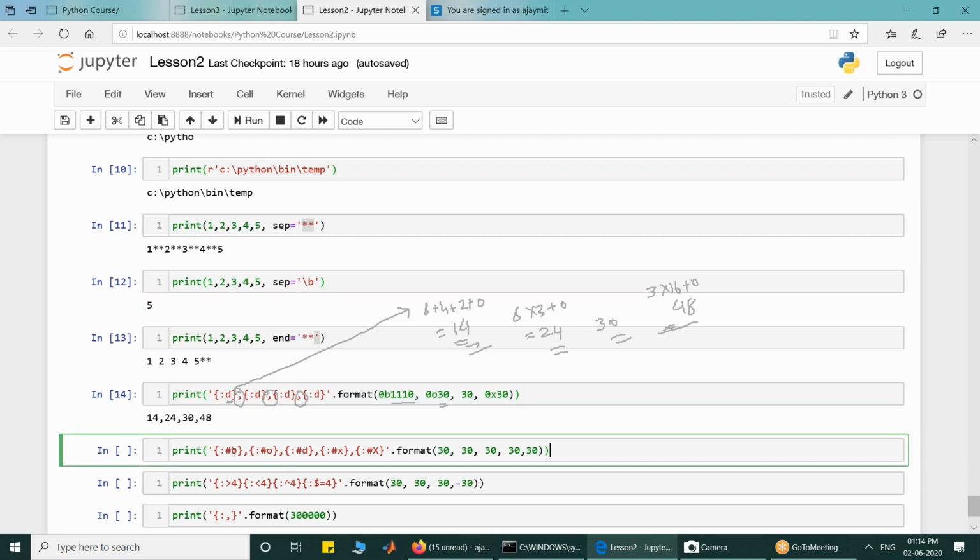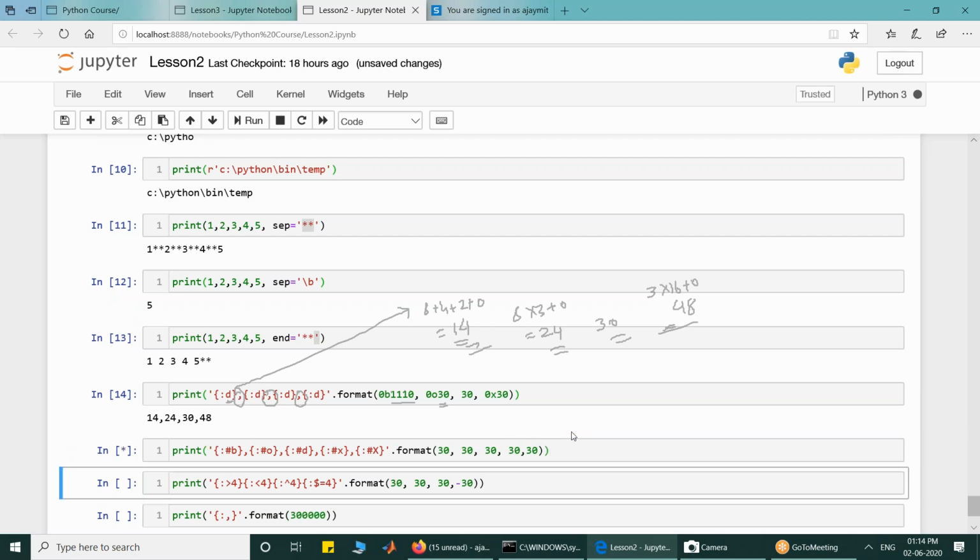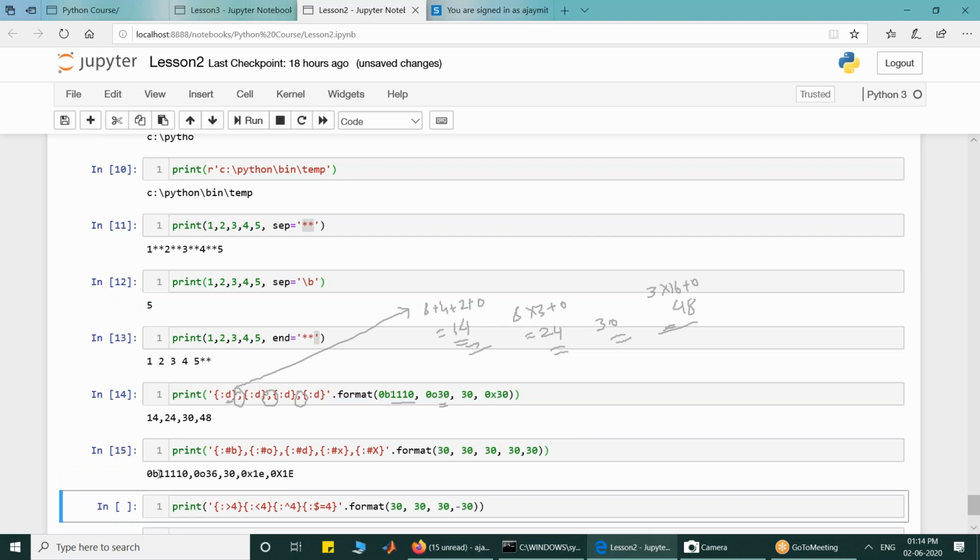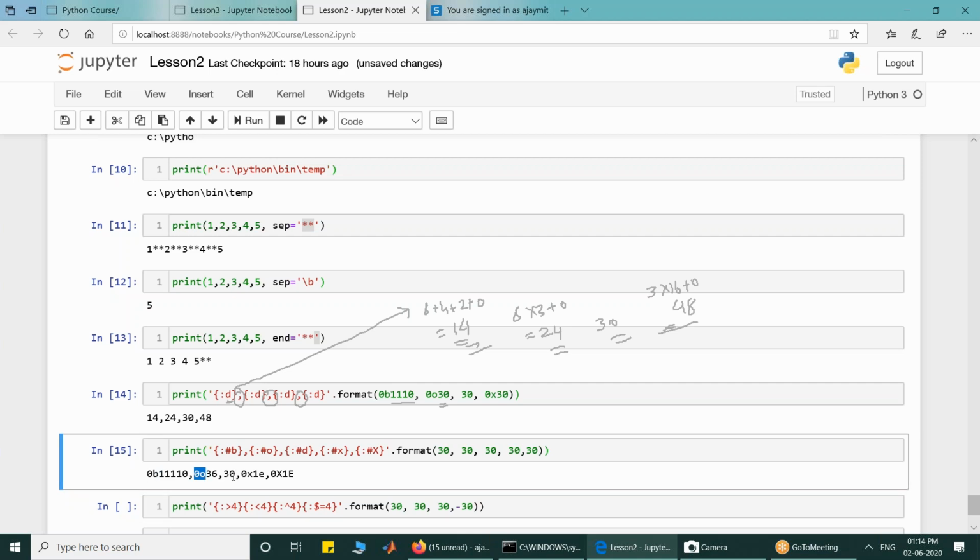Students, what would be the output of the next? What is the purpose of hash? We have discussed it in the morning session. If you execute it, you will get the prefix 0b, then 0o for octal, decimal will come as it is, hexadecimal 0x and 0X.